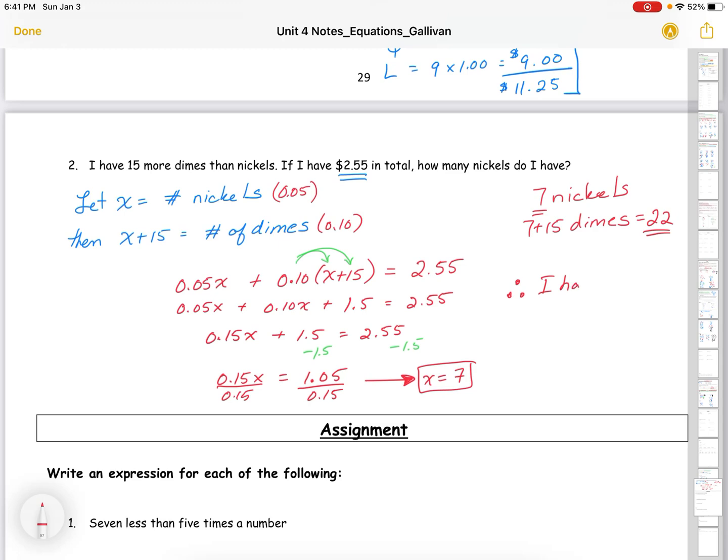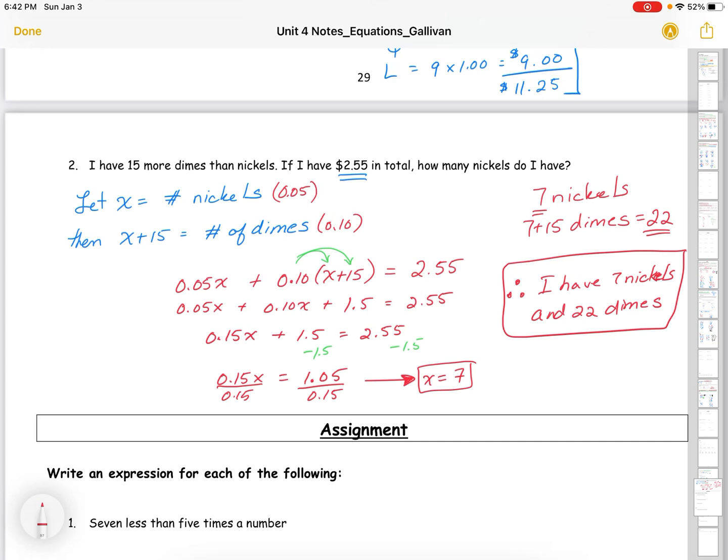So, therefore, I have 7 nickels and 22 dimes. Now I just wanted to know how many nickels, but you can always give extra information, right? And you can also from that figure out how much money you have. If it asks that, like how much money do you have in nickels, you would go 7 times 0.05, but it hasn't asked for that.